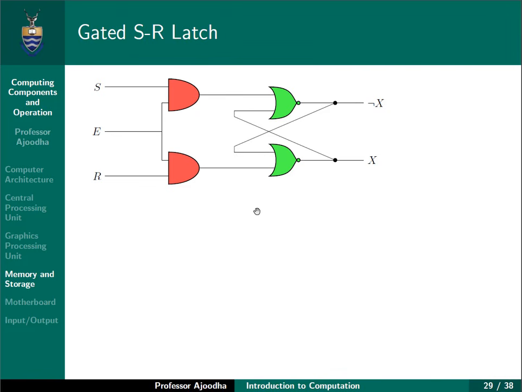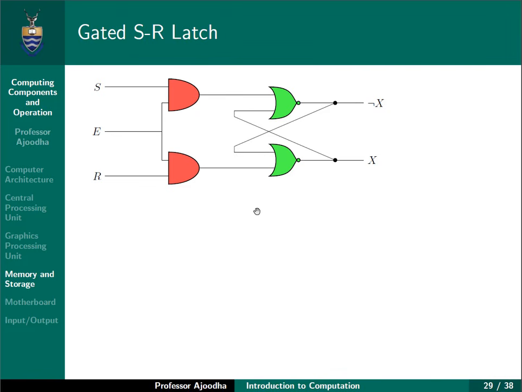Okay, so we can solve this problem by using something called a gated SR latch. The gate here is the AND gates that are added to the beginning. This incorporates an additional control input, which is often referred to as an enable or a clock. This single input controls the value for R and S simultaneously to prevent these race conditions from occurring.